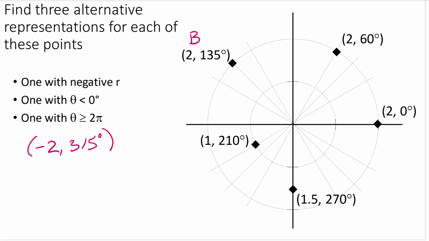All right. And then I'm going to do a positive r, but now I'm going to do a negative theta. So negative theta, remember, means clockwise. So left-handed.